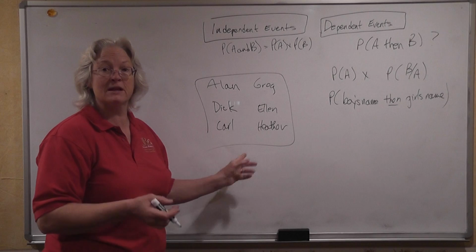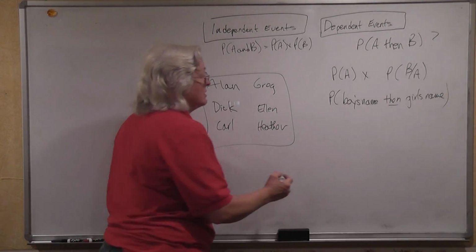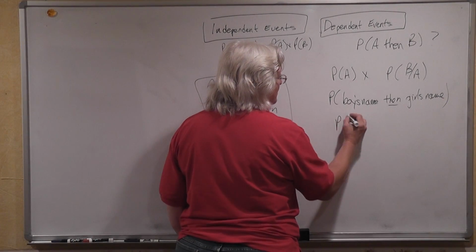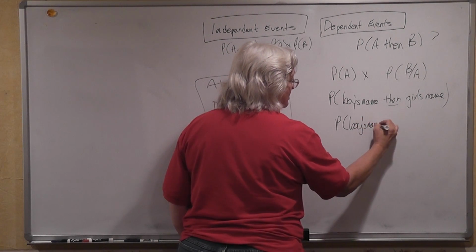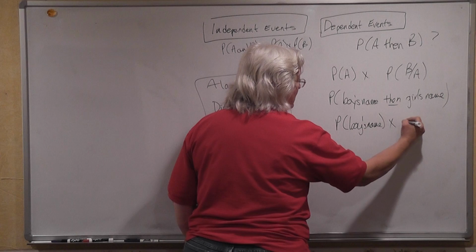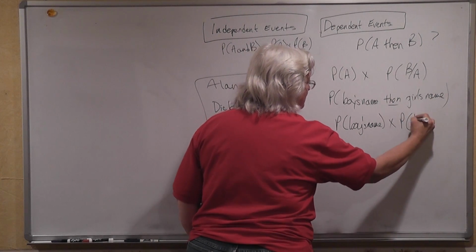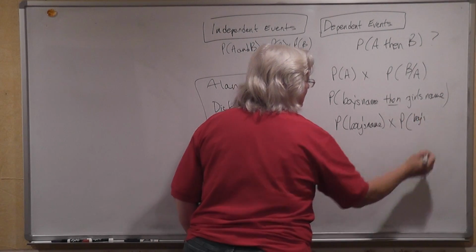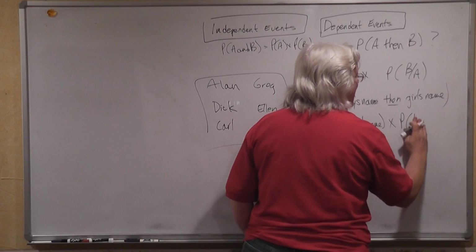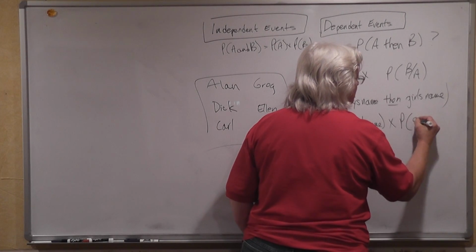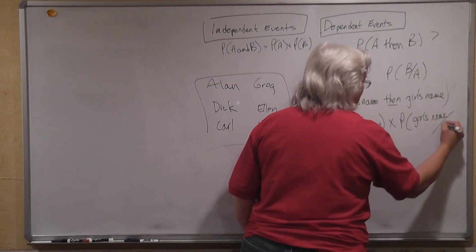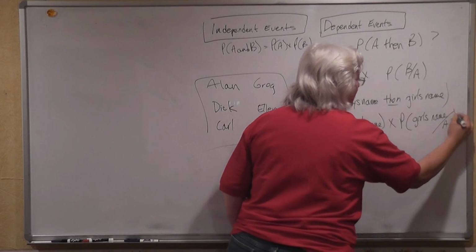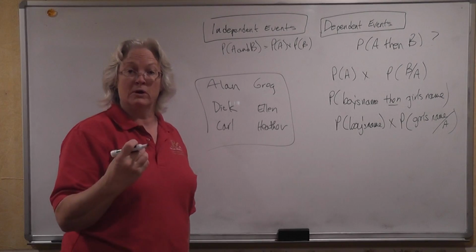We have 4 boys' names out of 6 possible choices. So it's going to be the probability of a boy's name multiplied by the probability of a girl's name afterward, after you have already drawn a boy's name.